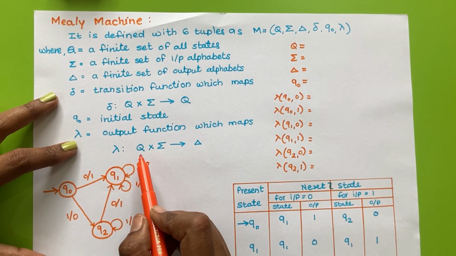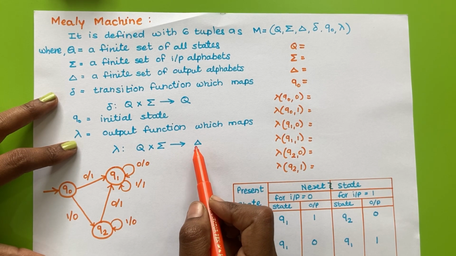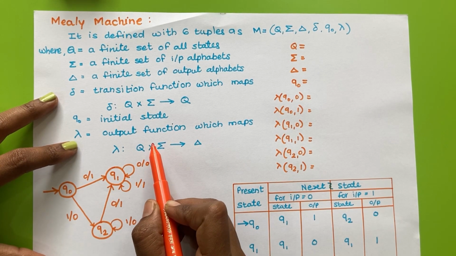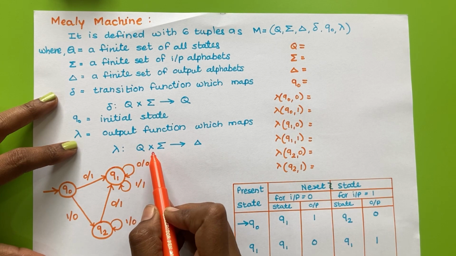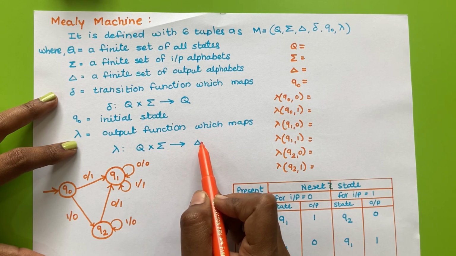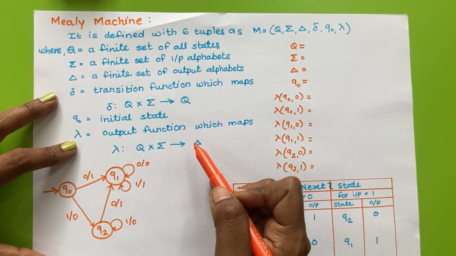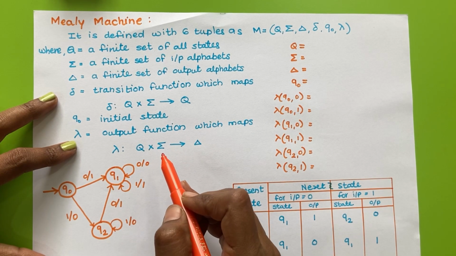So lambda maps Q applied by sigma gives out triangular delta. So here we can see the difference: in case of Mealy machine, the output is dependent on the present state as well as the present input. So output is a combination of these two values, but in case of Moore machine, the output function is dependent on the present state only.